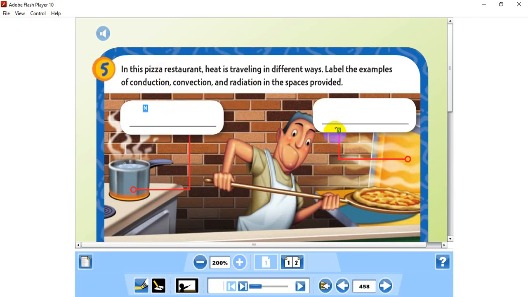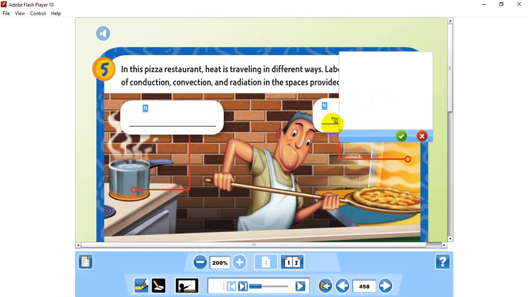Okay. What about the pizza here? If you want to cook a pizza here, you will use two kinds of heat, which are the radiation from the fire and the conduction, because you will keep the pizza inside the oven, so there is touching between the floor of the oven and the pizza.